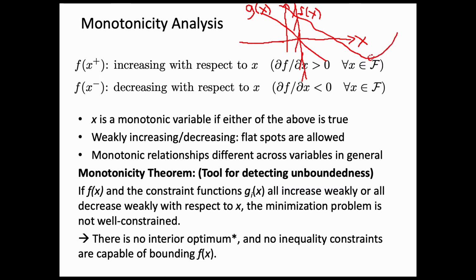Then we could have a minimum right there, but f of x is then no longer a monotonically decreasing function, and so the monotonicity theorem does not apply, and that is consistent. We have this bounded problem, but we have this non-monotonic function. But if we have weakly decreasing or weakly increasing f and g, then that is an unbounded problem.